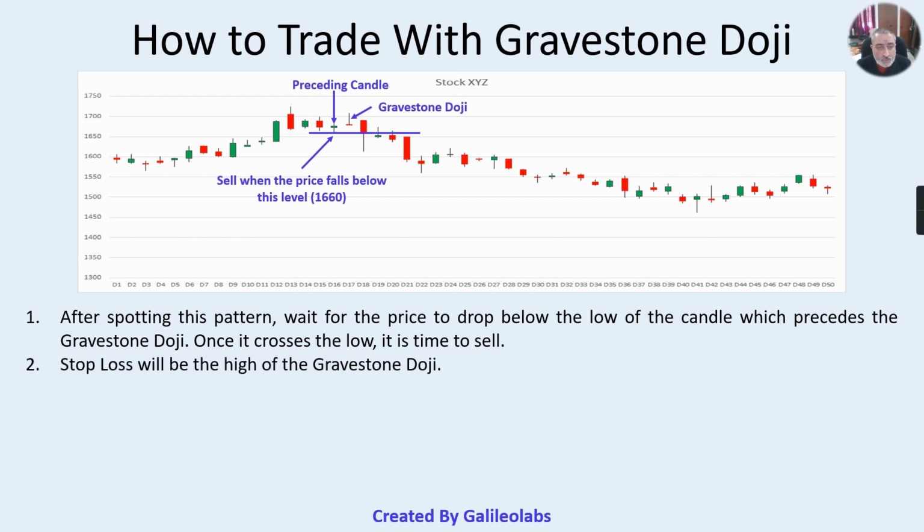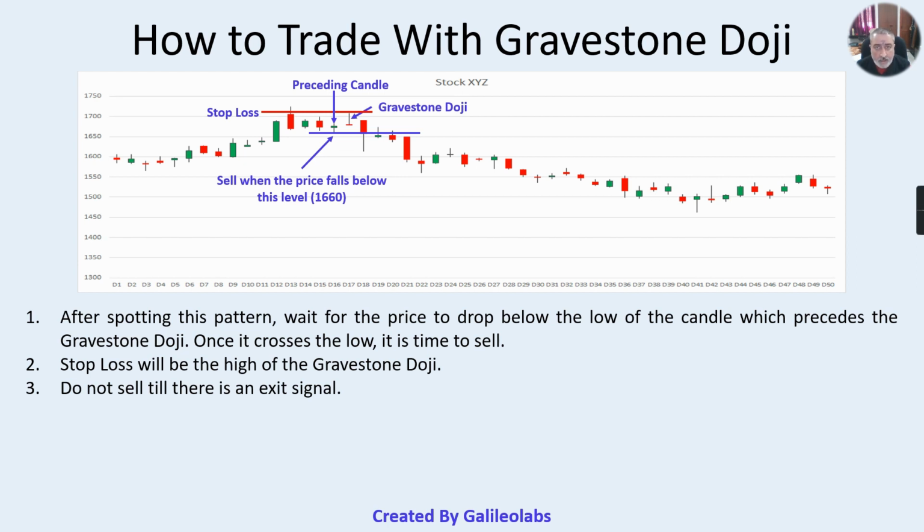Now the stop loss would be the high of the Gravestone Doji. So whatever high this Gravestone Doji has made, just take a few points above this level as the stop loss. So this is the stop loss, and do not sell till there is an exit signal.